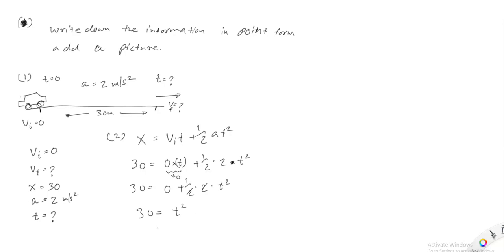So this gives me time equals square root of 30, which is something like 5.5, I believe. Let's see what the answer is. Square root of 30 equals 5.47 seconds.